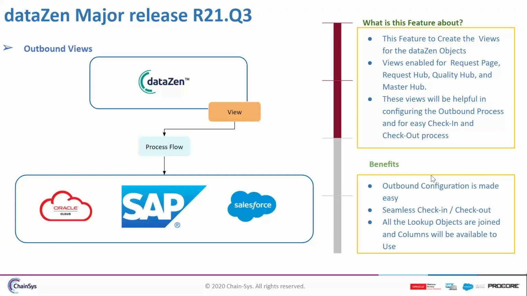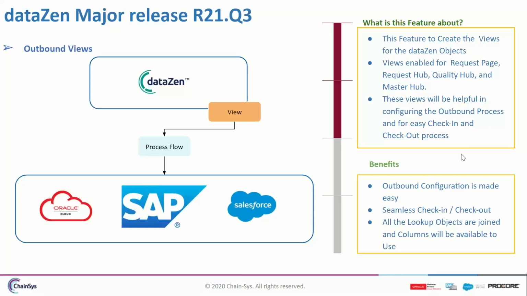Those views are a very smooth transition from one system to another system, wherein dataZen's tables and columns are more dynamic and encrypted. A user cannot understand it, but this view helps the user to understand all about the data and meta information. The benefits are that outbound configuration is made very easy, and we can do seamless check-in, checkout.